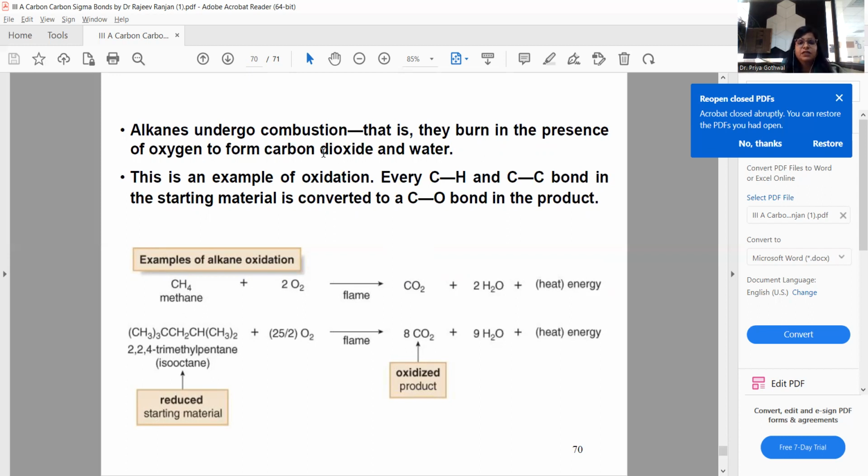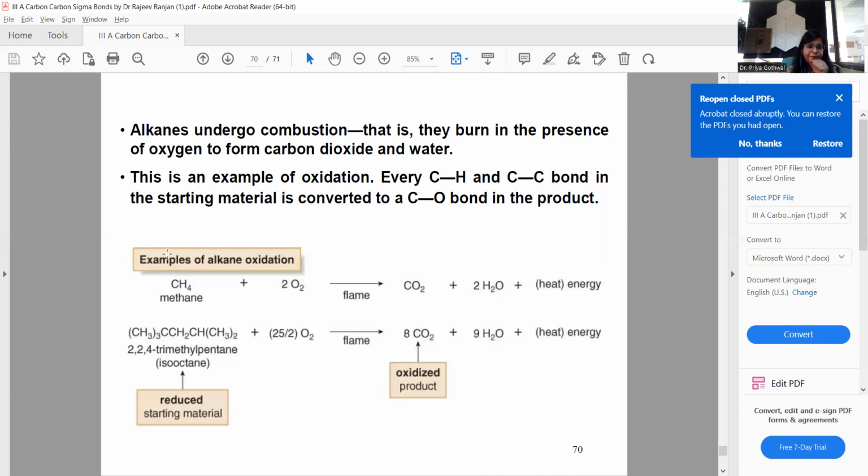This is the main phenomenon of pollution. Today we are facing a polluted environment mainly through carbon dioxide. So this is an example of oxidation. Every carbon-hydrogen and carbon-carbon bond in the starting material is converted to a C-O bond in the product.